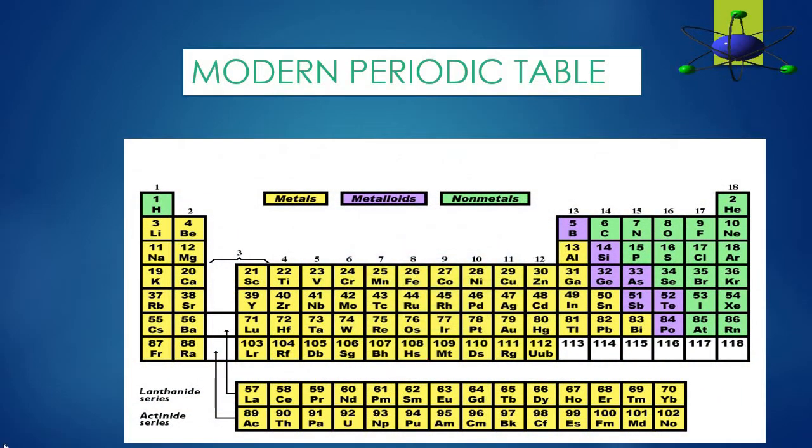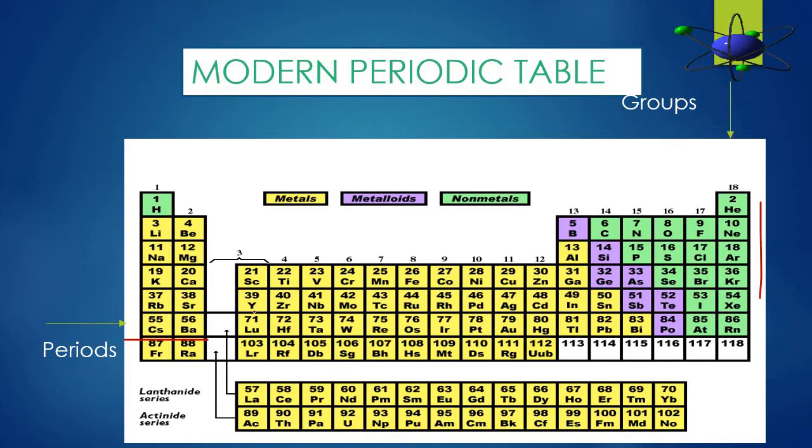This is the modern periodic table. In it, the vertical lines are the groups, and the horizontal lines are the periods.